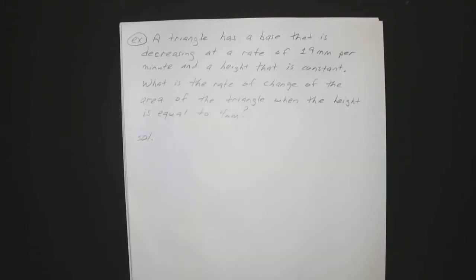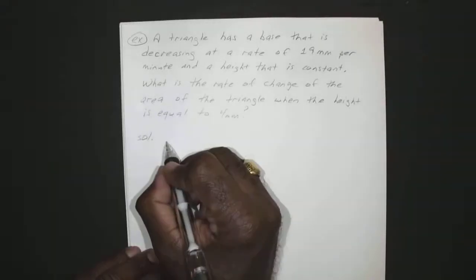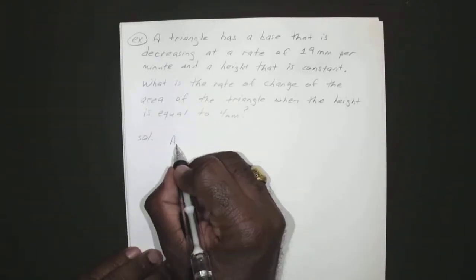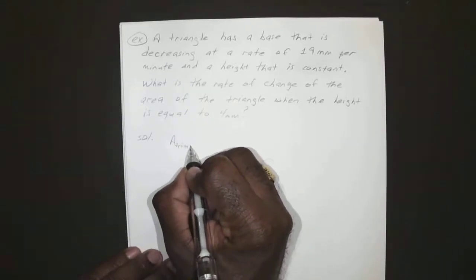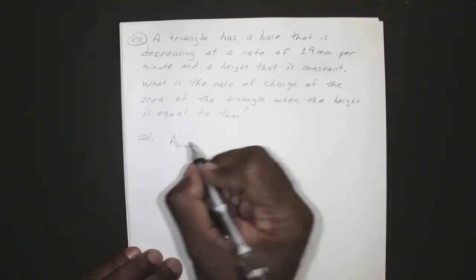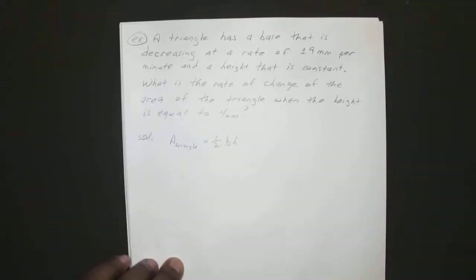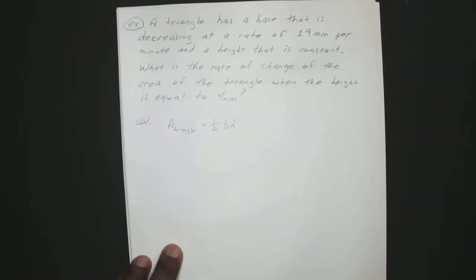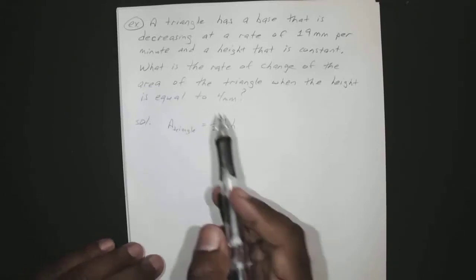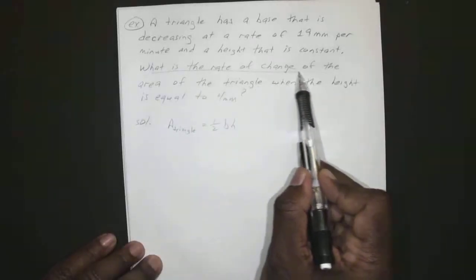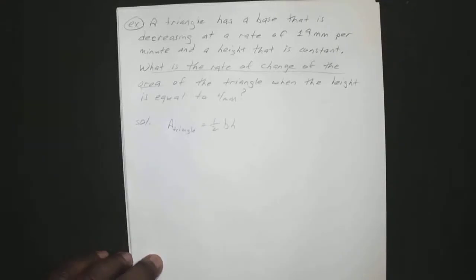Okay. So we know that since we're dealing with a triangle, the area of a triangle is equal to 1/2 times the base times height. Okay, and we know that we're looking for the rate of change of the area, so that means we're just going to find dA/dt.